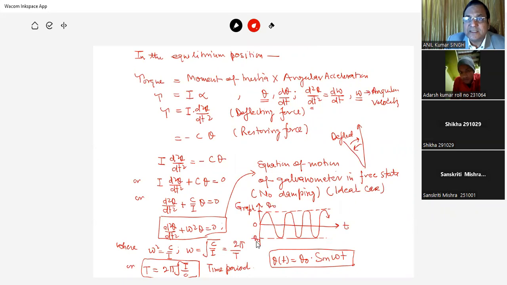Minus theta 0 का मतलब कि जब डिफ्लेक्ट होकर इधर आएगा तो this will give minus theta 0 in the other direction.